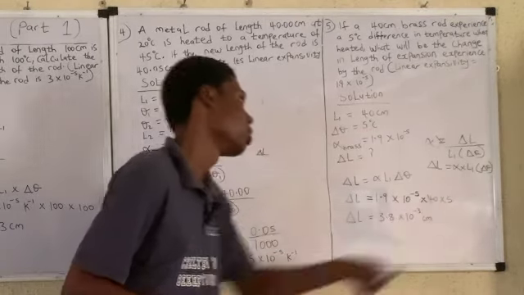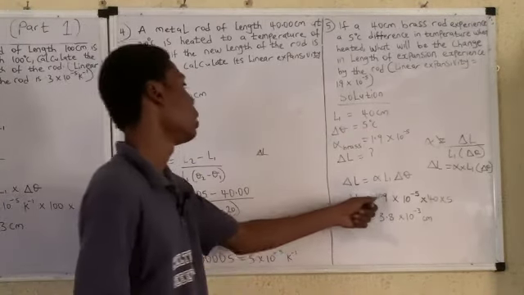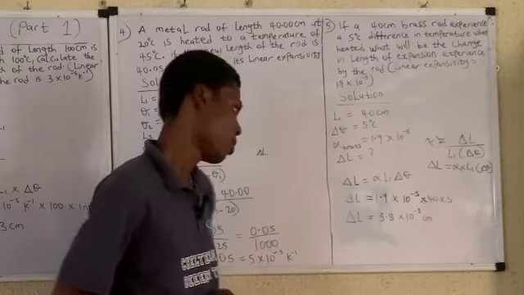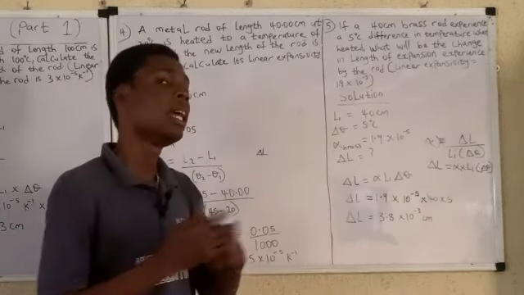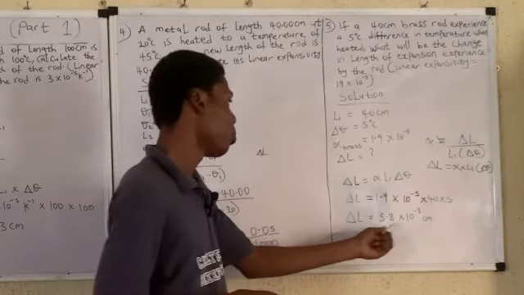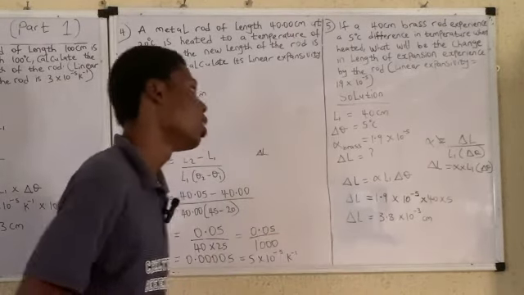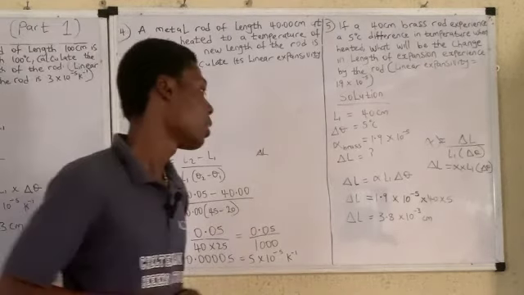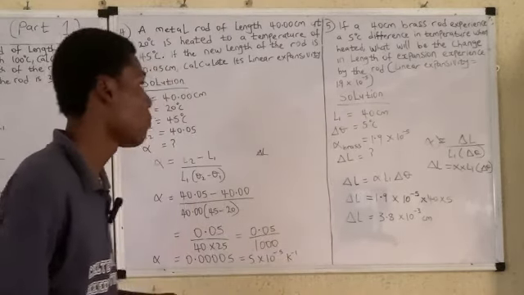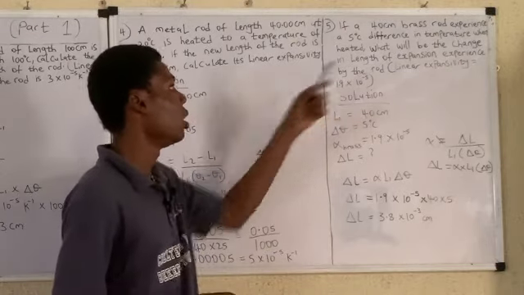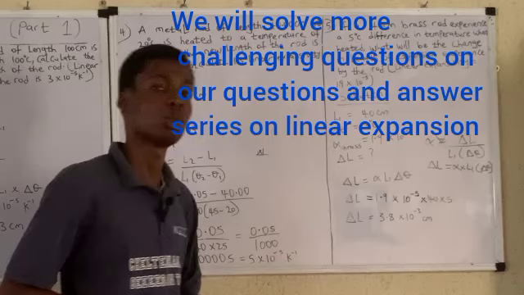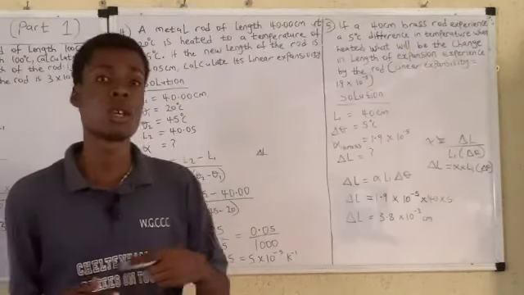So multiplying 1.9 times 10 raised to power minus 5 times 40 times 5, we have our change in length to be 3.8 times 10 raised to power minus 3 centimeter. So that's our final answer for finding the change in length of expansion. That is our final answer to this question.